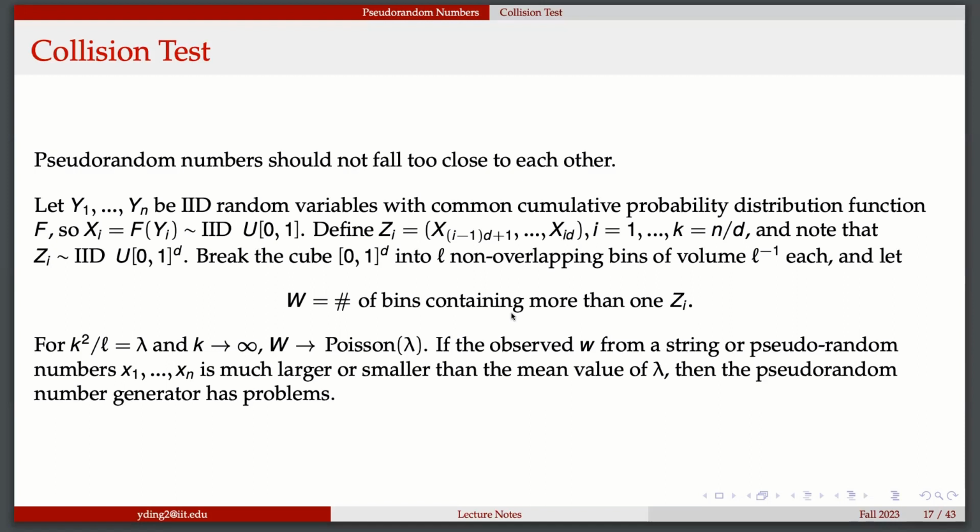Each bin can contain 1 point, always. That's the good property of solvable points. So that's why we want to have this kind of nice property of these points. But of course, solvable points is not like the IID case. They're quasi Monte Carlo points, not the Monte Carlo one.